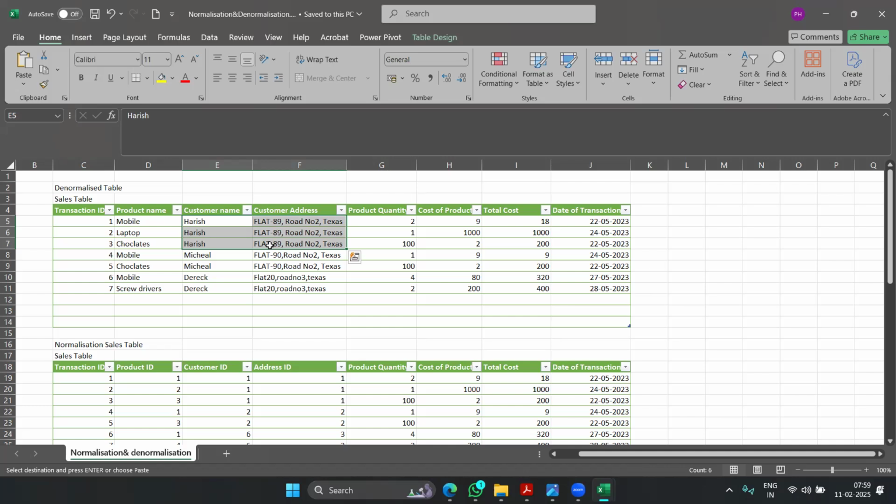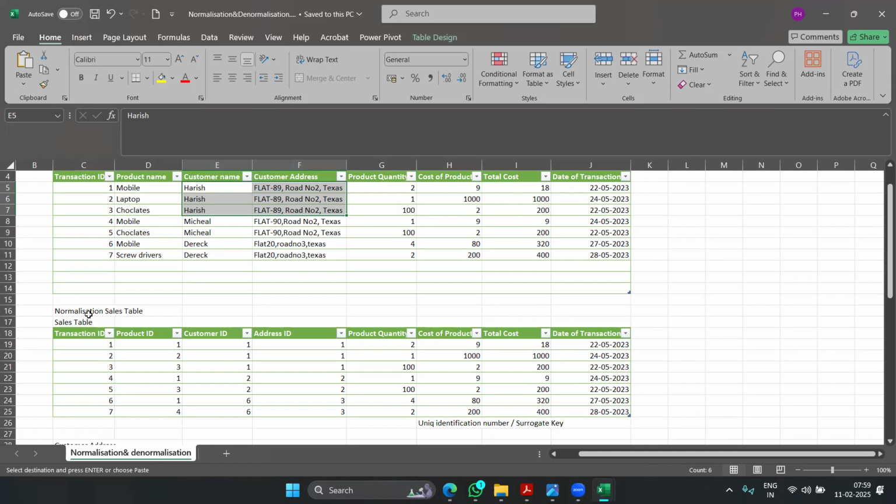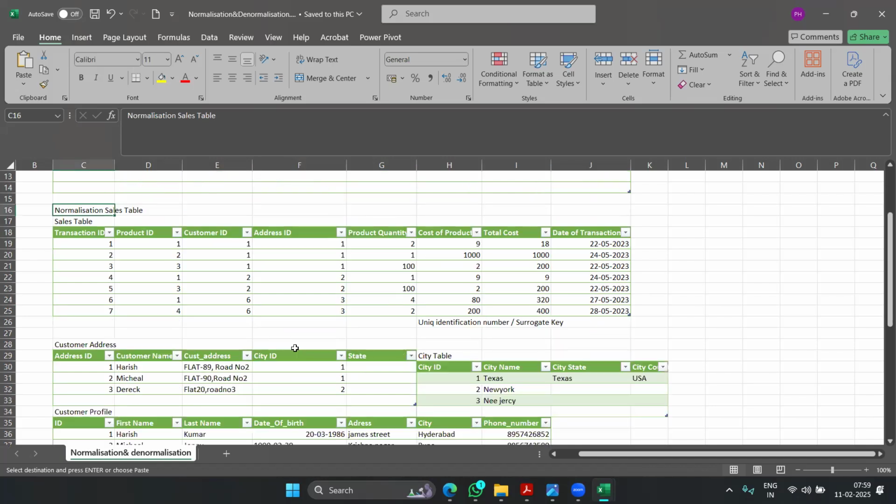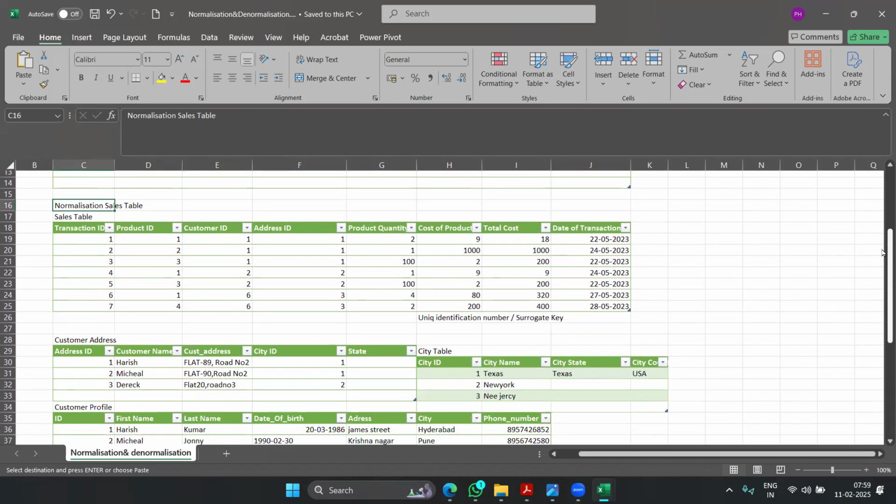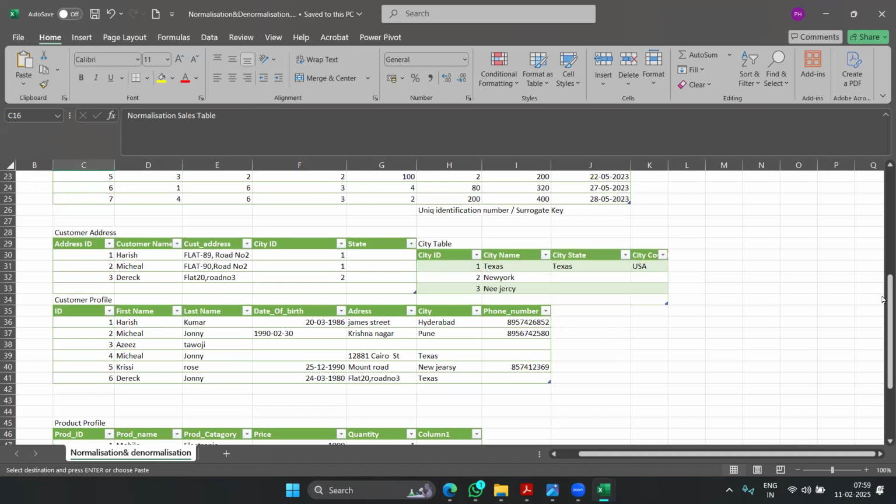Similarly, consider a metro city where you are going to have 100 customers, correct? So to handle this scenario, we introduce a normalized form. In the normalized form, it will create separate tables for the information that is going to be used repeatedly.